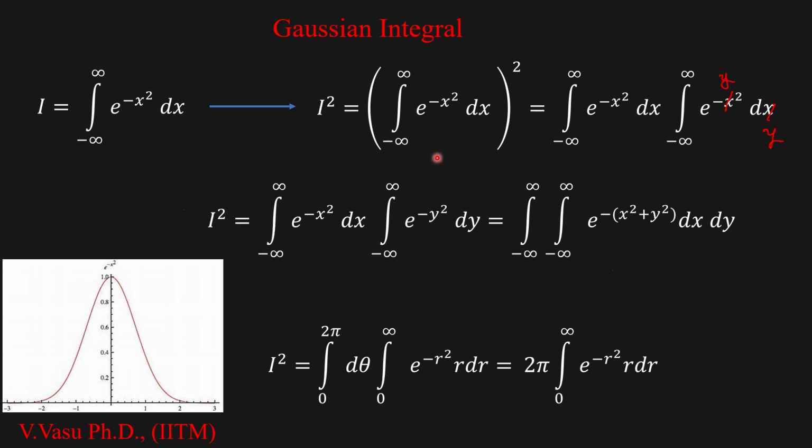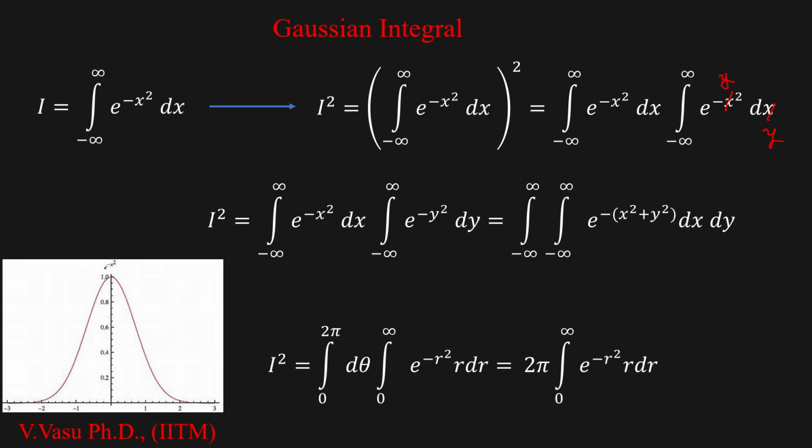So I am rewriting this I squared as the integral from minus infinity to plus infinity of e to the power minus x squared dx, multiplied by the integral from minus infinity to plus infinity of e to the power minus y squared dy. We can combine this and get the double integral of e to the power minus (x squared plus y squared) dx dy.